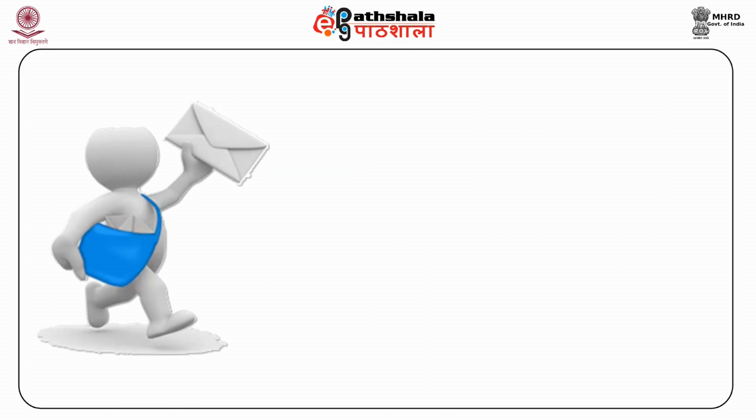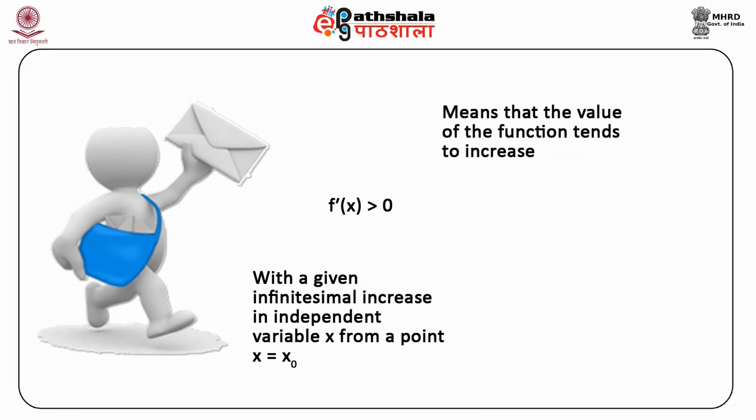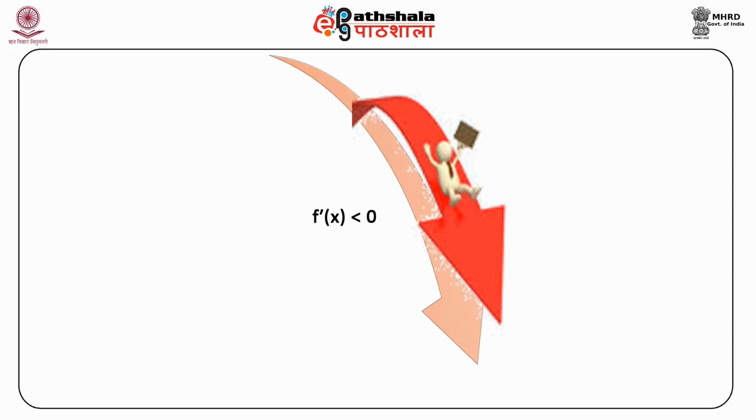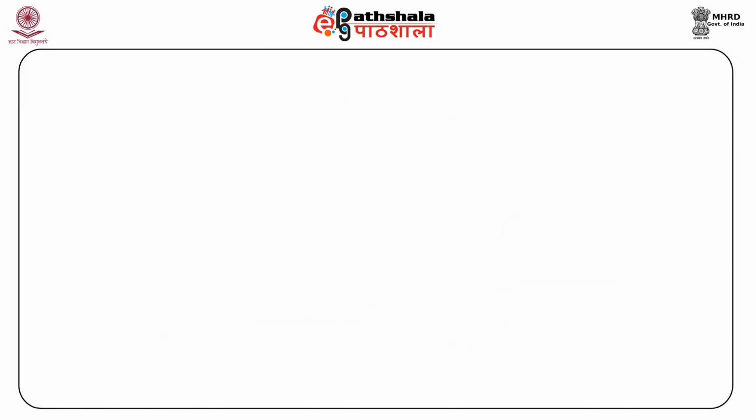To put it differently, with a given infinitesimal increase in the independent variable x from a point x is equal to x0, f dash x greater than 0 means that the value of the function tends to increase. Similarly, when f dash x is less than 0, it means that the value of the function tends to decrease.